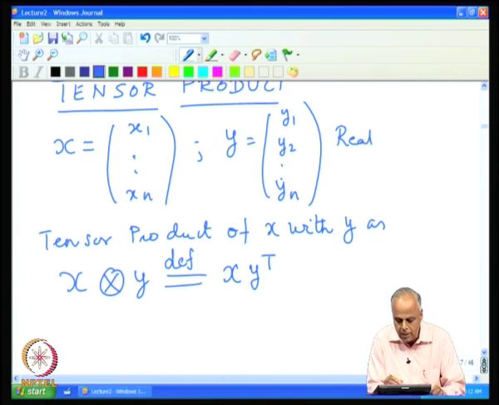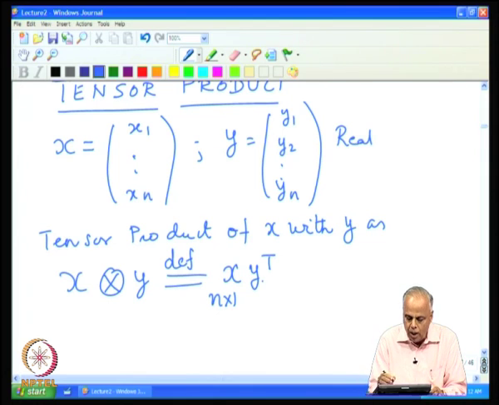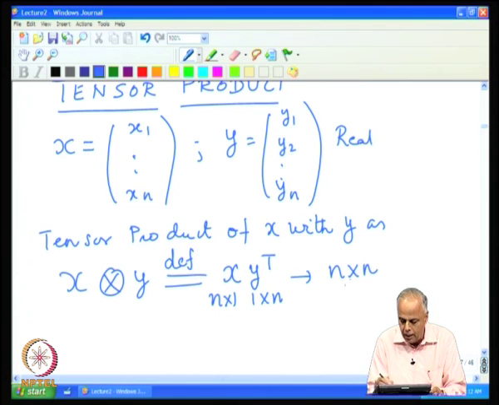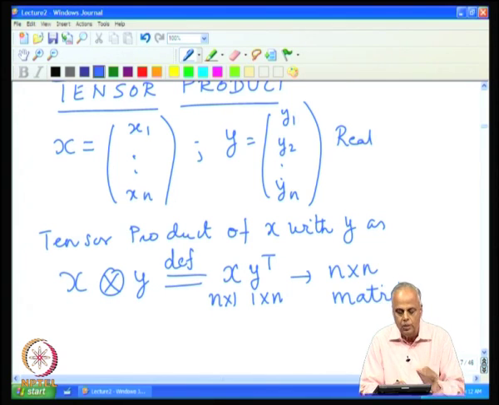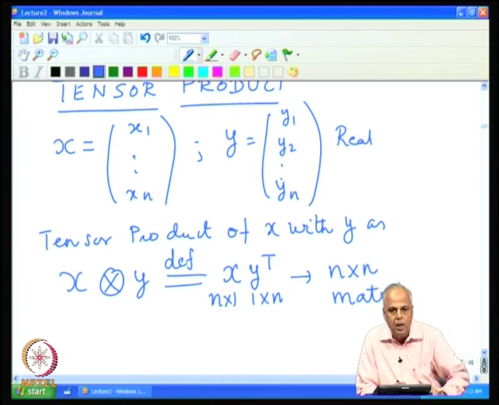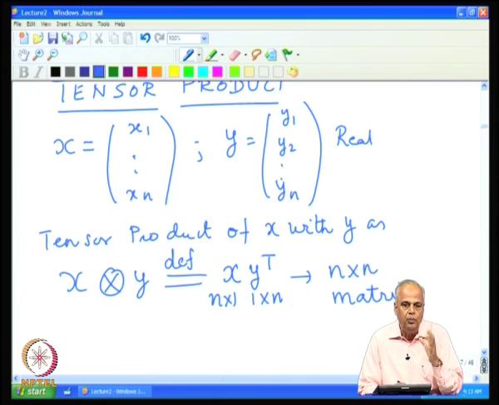Now, since x is an n by 1 matrix and y is an n by 1 matrix, y transpose will be a 1 by n matrix. So, the product will be an n by n matrix. Previously, when we took the inner product of two column matrices, we got a number.